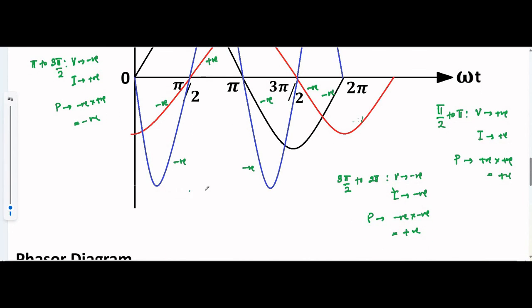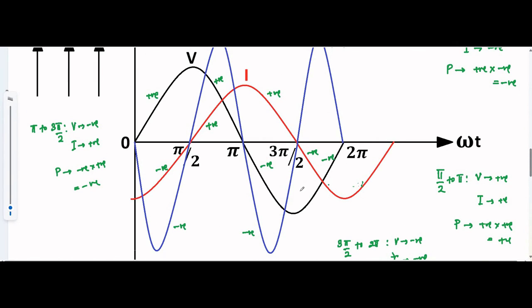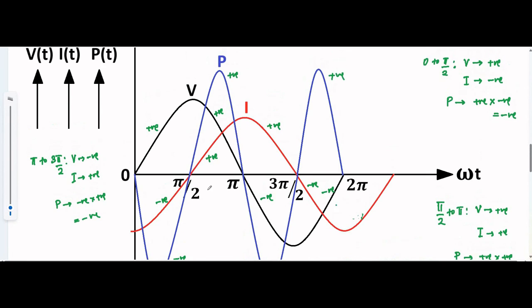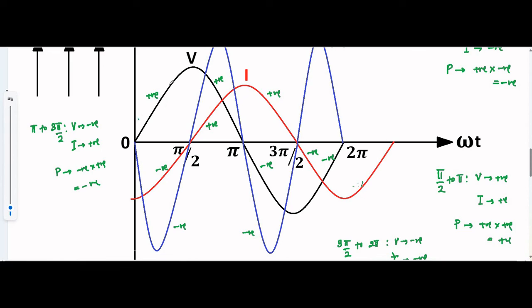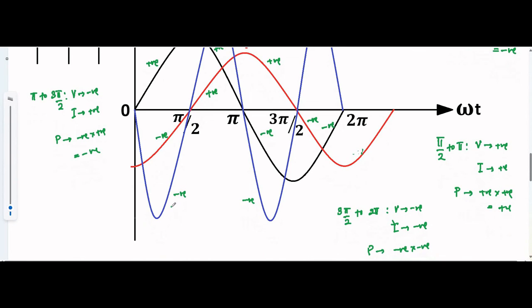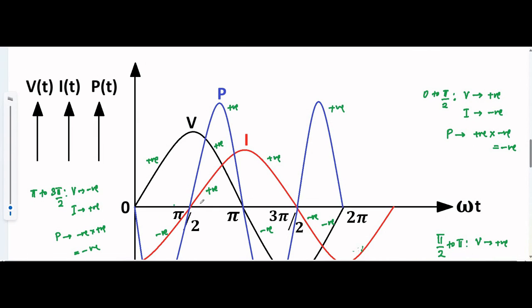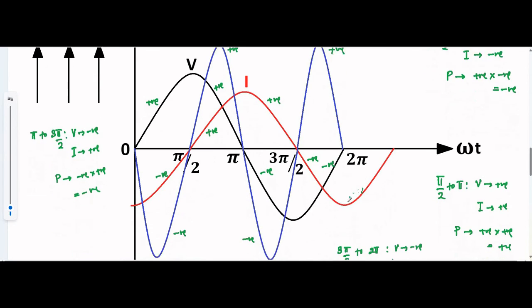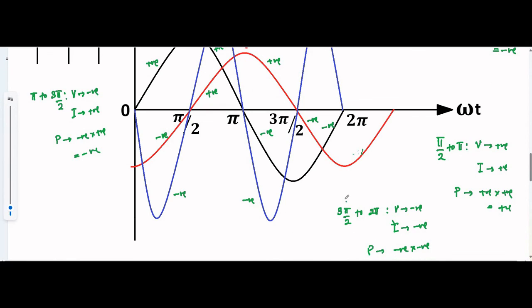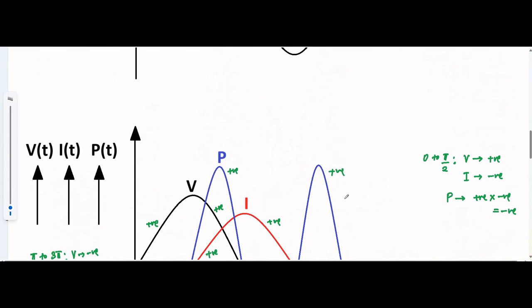Both the positive and negative peaks are higher than the respective peaks of voltage and current. But depending upon the sign of the voltage and current waveforms, whether they are in the upward or downward direction, the direction of the power curve varies. Okay, so here I have shown it. So this is the study of AC circuits with pure inductance.